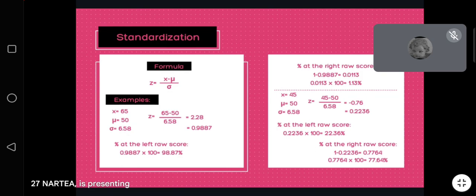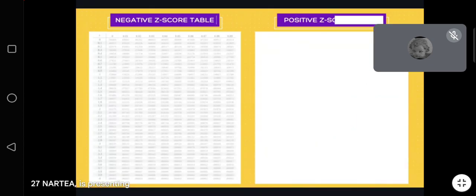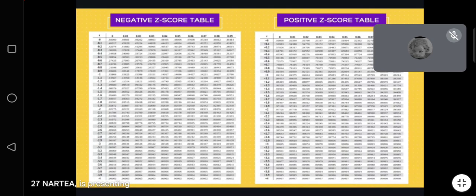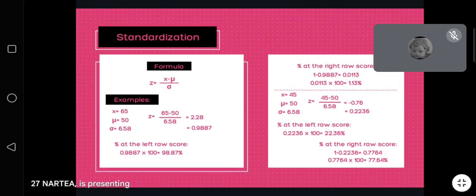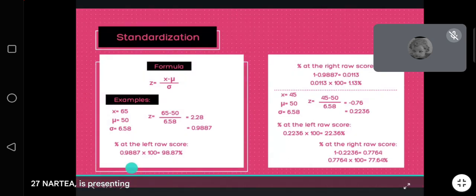Then the area you get from the negative z-score table is 0.2236. We convert it into a percentage by multiplying it by 100, and we have 22.36%.